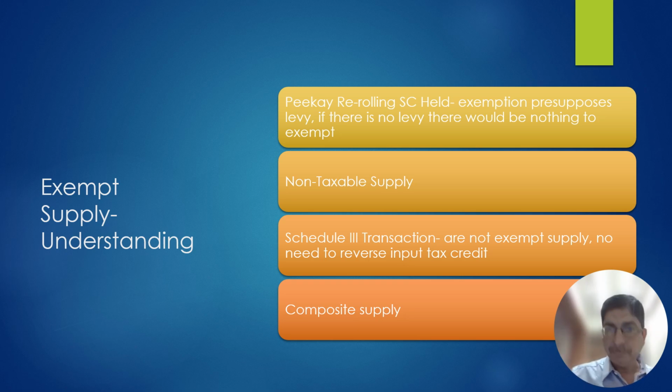This is the difference between exempt supply and schedule 3 transactions. In exempt supply, you need to reverse the input tax credit which is directly related, and as per rule 42, you need to reverse the common credit also. But in a schedule 3 transaction, there is no need to reverse the input tax credit.